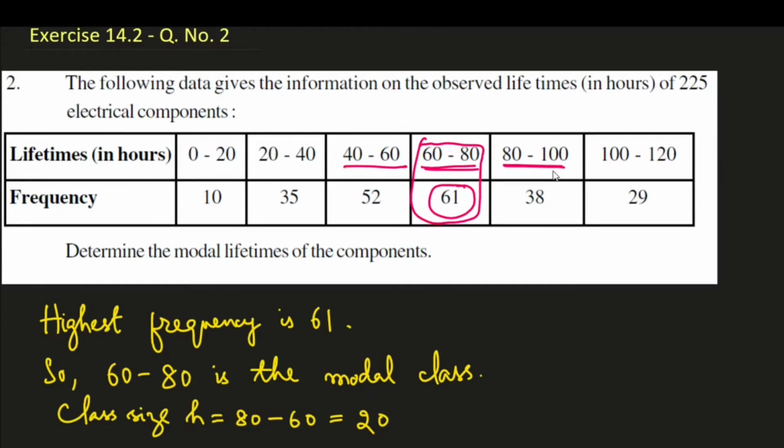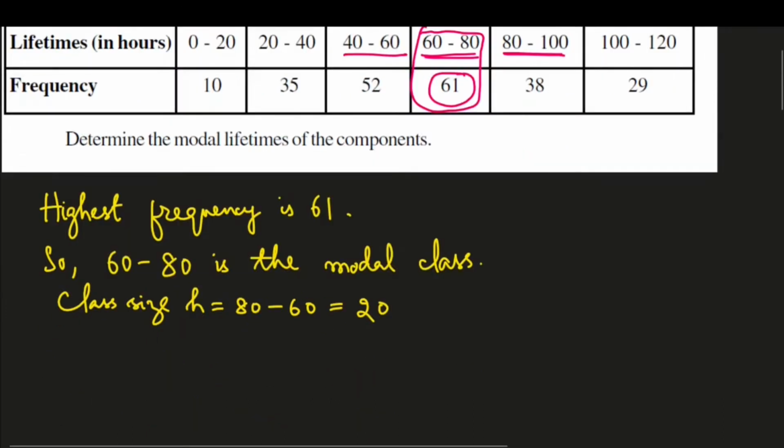So we can use the formula directly. Now here value of lower boundary L is 60. Lower boundary of modal class is 60. F1 is the frequency of modal class. It is 61.